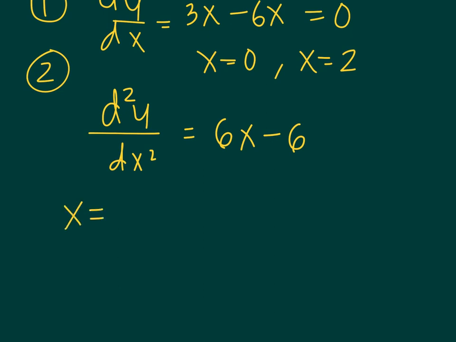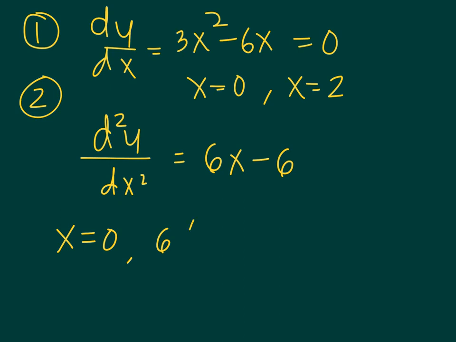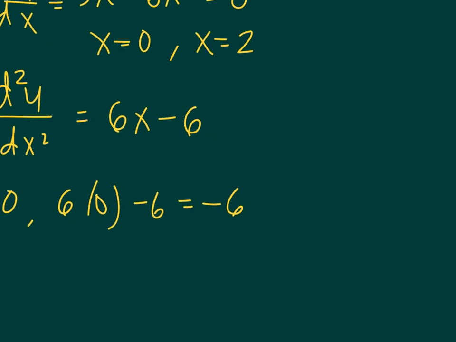We test x equals 0. We substitute 0 on the second derivative, and 6 times 0 minus 6 is equal to negative 6. So how do we analyze it using the second derivative? When the second derivative is negative, it indicates a maximum.